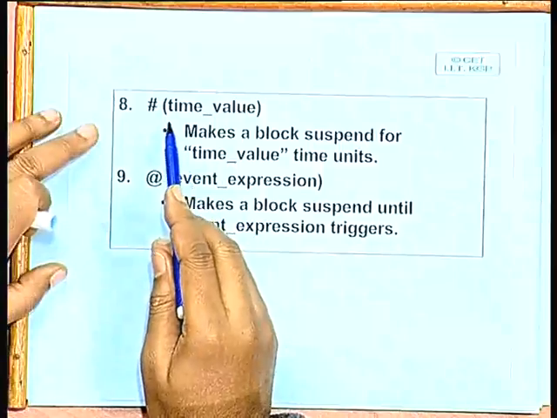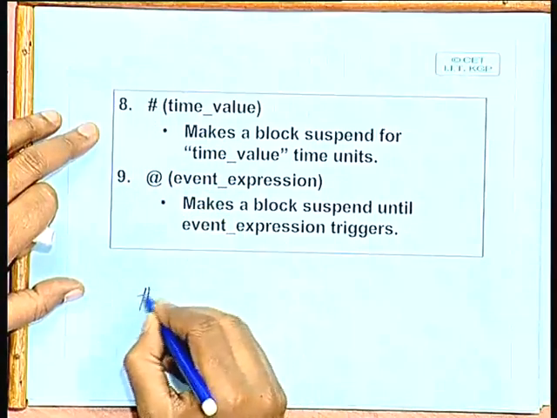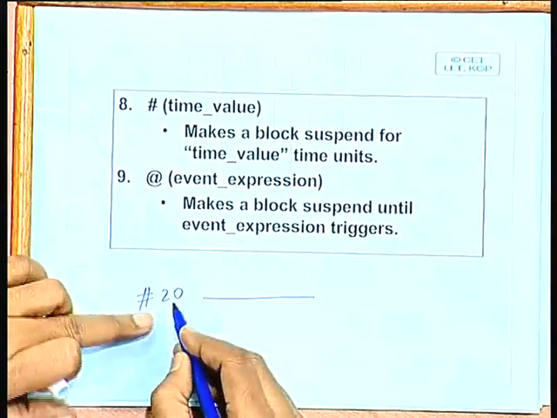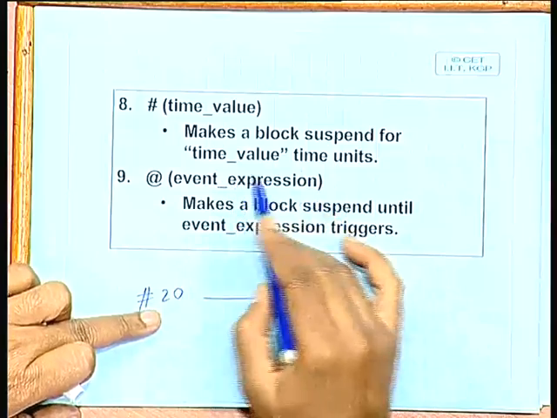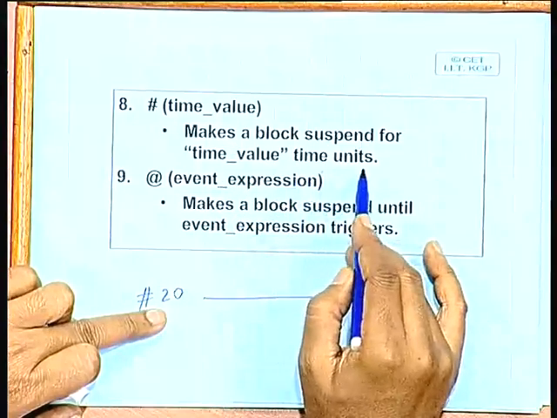This also we have seen in the examples, that you can specify some time value using the hash, say hash 20, then you can give some assignment statement. This specifies a number which is a multiple of a basic time unit.